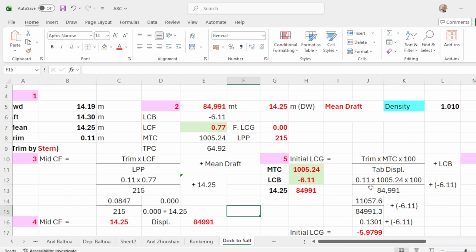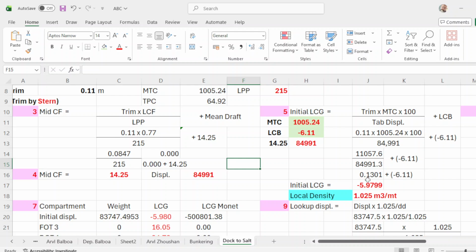Multiply these 3, that will be 11,057.6 over your displacement of 84991.3 plus your LCB of negative 611, okay.